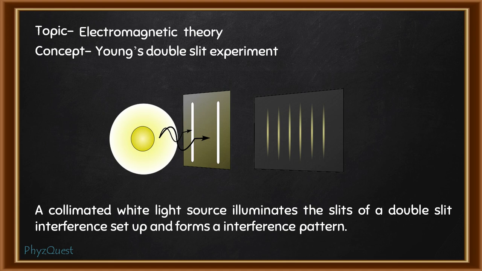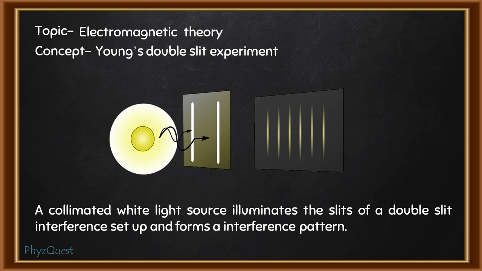Now if we consider either side of the central fringe, there will be some path difference, because the waves of all colors reaching that point may not have the same path difference.